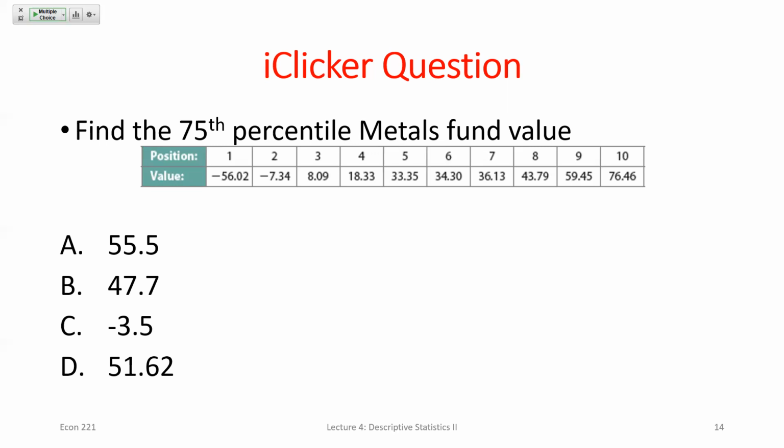If I just had an 8 here, the value in the 8th position would be giving me the 75th percentile, so the 75th percentile value would be 43.79. Well, it was 8.25. That position doesn't exist, because the position has to be an integer, and that's why we have to do the interpolation.